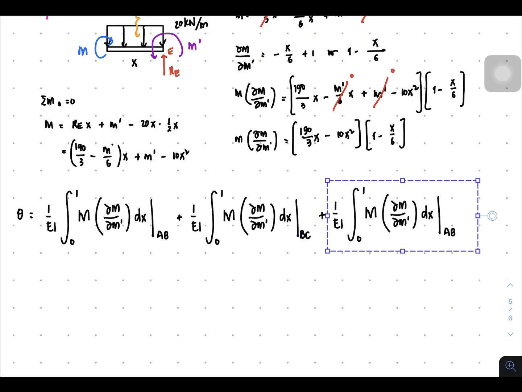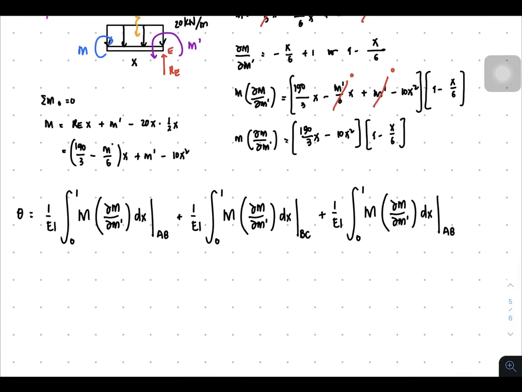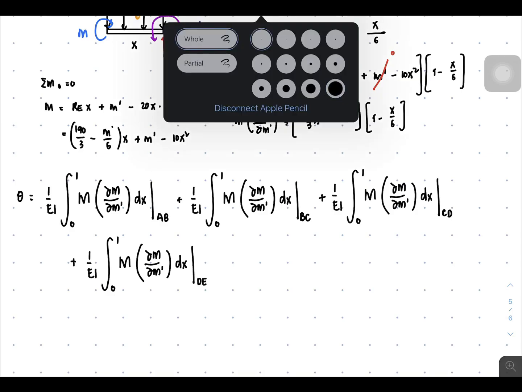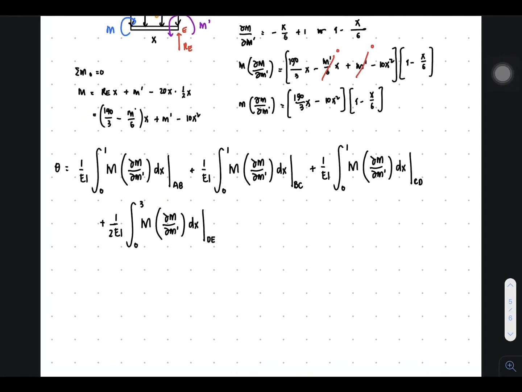Then plus the next segment, it's going to be for C to D, and the limit is still 0 to 1. And for the last one, it's going to be plus, and this is for D to E. This time the limit is 0 to 3, and of course this is 2EI there.